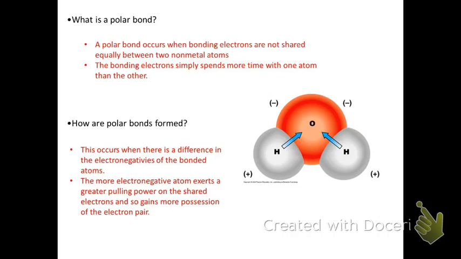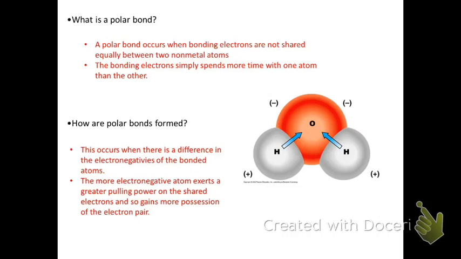If you look at water molecules, for instance, the bonds between oxygen and hydrogen, as depicted in this diagram, the oxygen is more electronegative than hydrogen. Because oxygen is more electronegative, the bonding electrons are going to be attracted more strongly to the oxygen than the hydrogen.